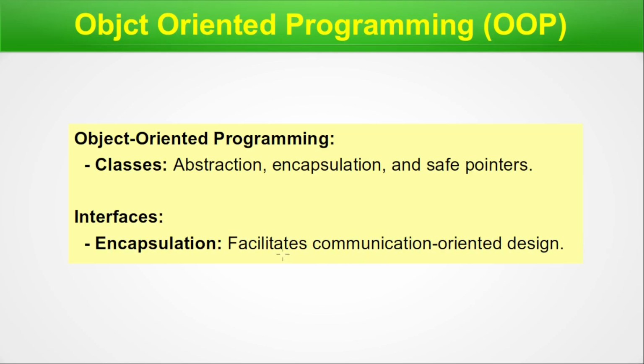Encapsulation. So this facilitates communication oriented design, and this is very simple to view because in our digital design we have blocks, sub-blocks, and we have unit level designs. So there is a lot of communication happening. And interface makes it easier to manage communication between parts of our design by grouping related signals and ensuring clean, organized connections.